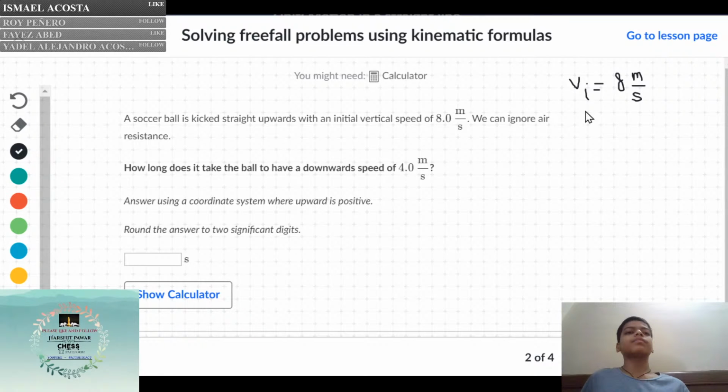We want to find when the velocity is equal to the downward speed, so this is negative 4 meters per second.